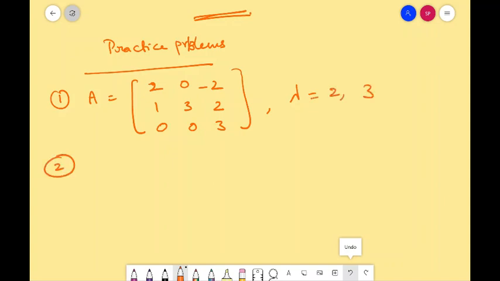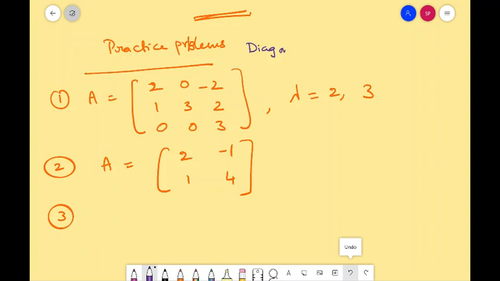And the second one is A is equal to 2, minus 1; 1, 4, and here lambda is not given, you have to find the lambda. These questions are to diagonalize the following matrices.